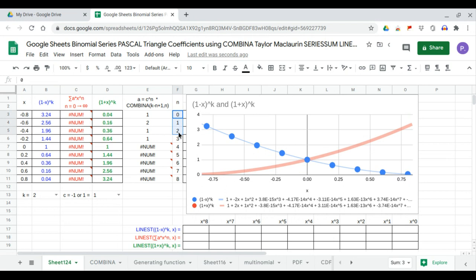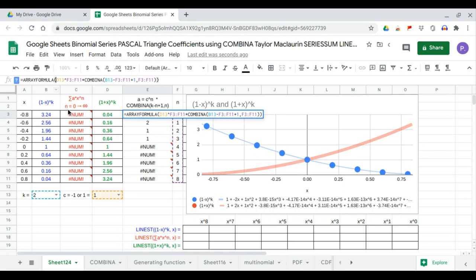If n is greater than k, this should be 0. To correct this formula, we use the if statement. So if n is greater than k, then 0.